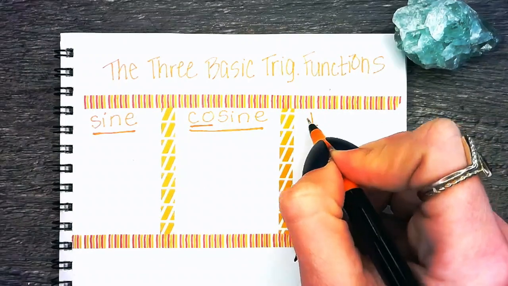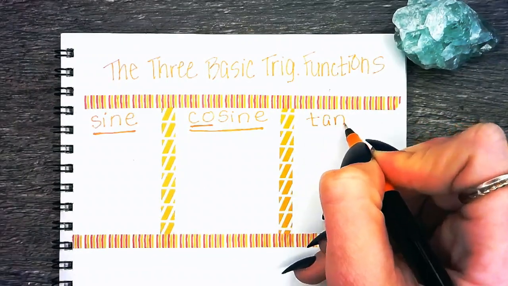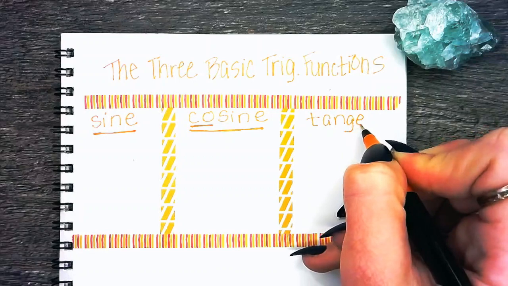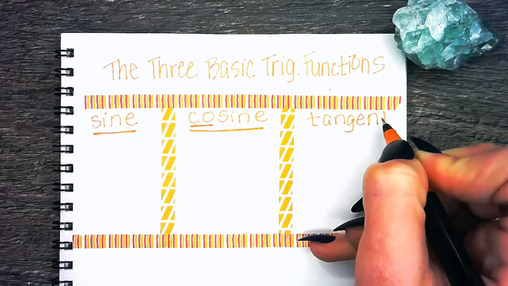The third of the basic trig functions is tangent.